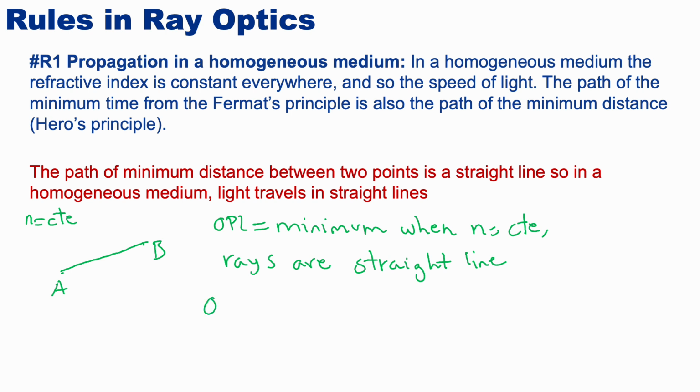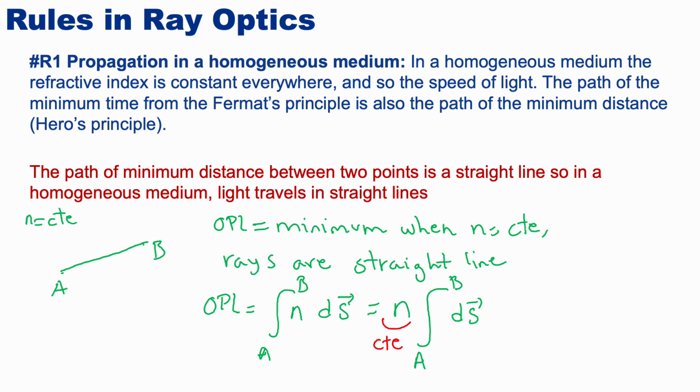When we define the optical path length from point A to B, it is the refractive index multiplied by the differential of the length. Now that the refractive index is constant, we can put it outside of the integral, leaving the integral of the differential of length.